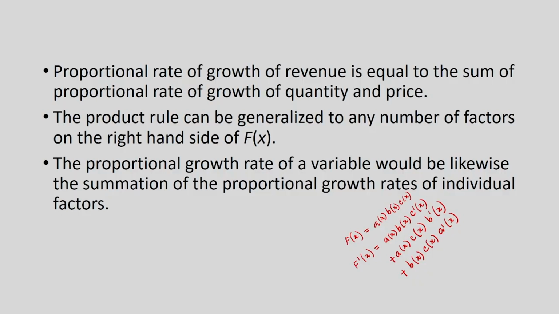The proportional growth rate of a variable would likewise be the summation of proportional growth rates of individual factors. So, if you have something like this, that f of t is equal to a of t, b of t and c of t, right.